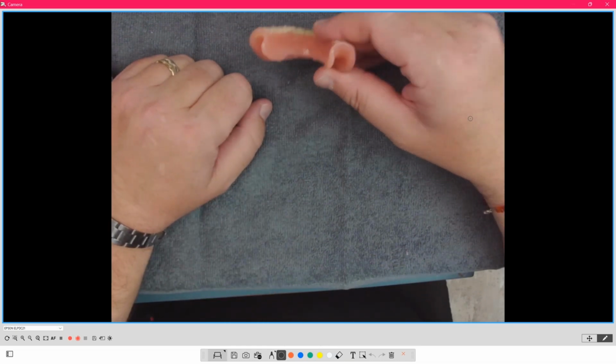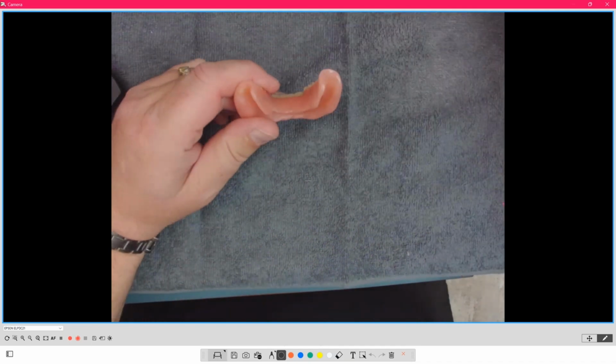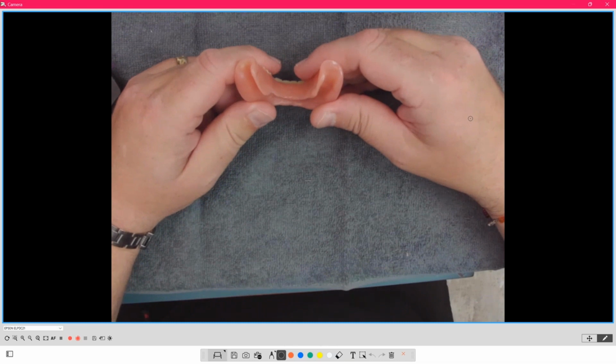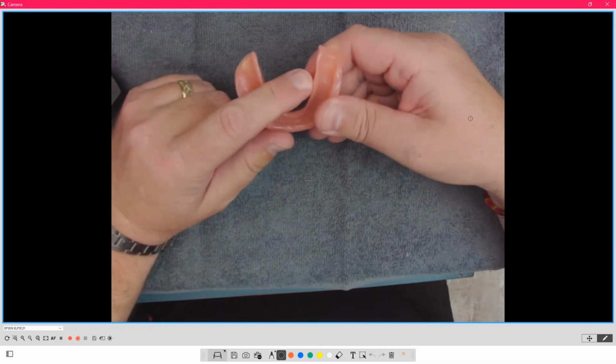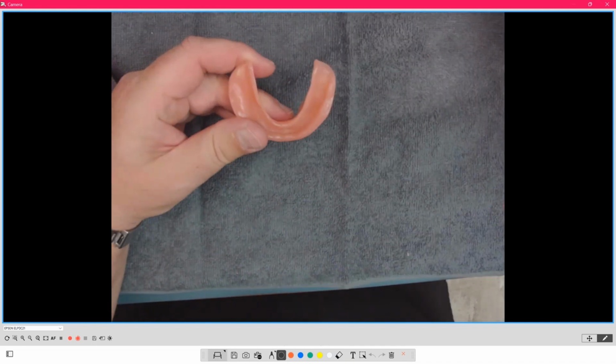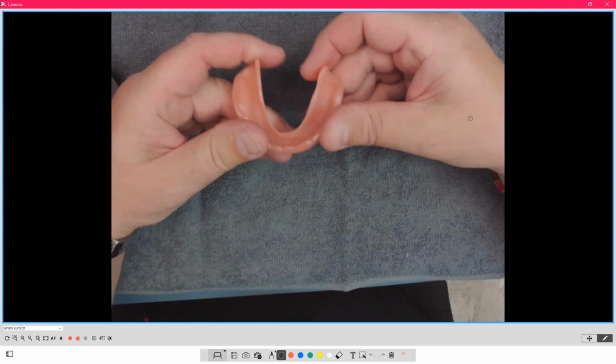I check it with pressure indication paste, and I reline it using direct reline material, and the patient still swears that the denture has a gap between the denture base and the tissue. What's going on?